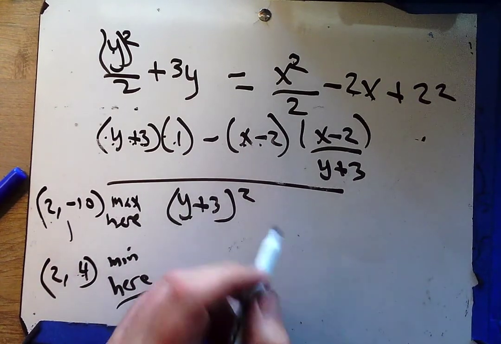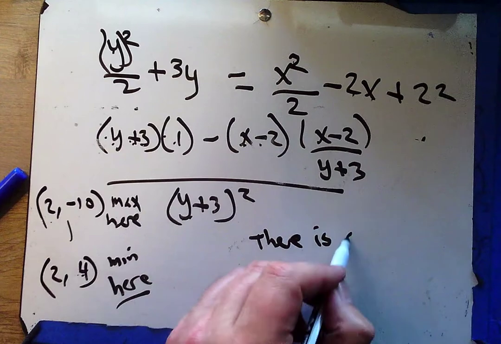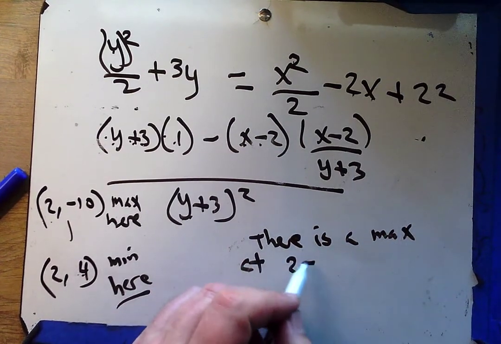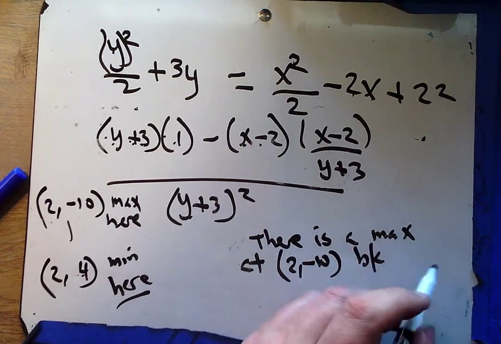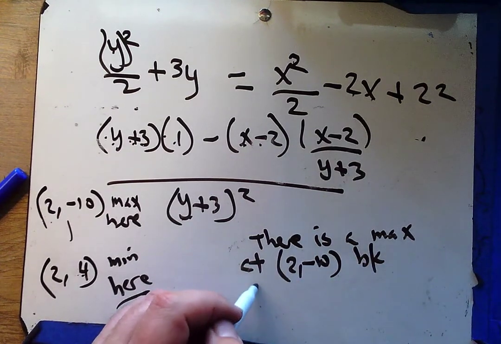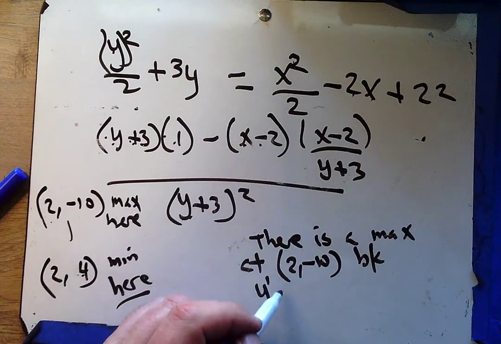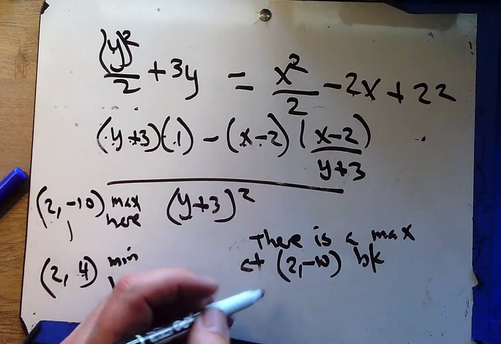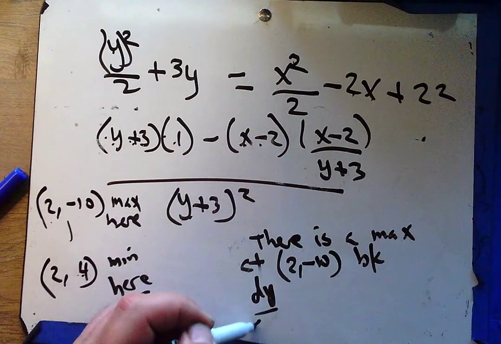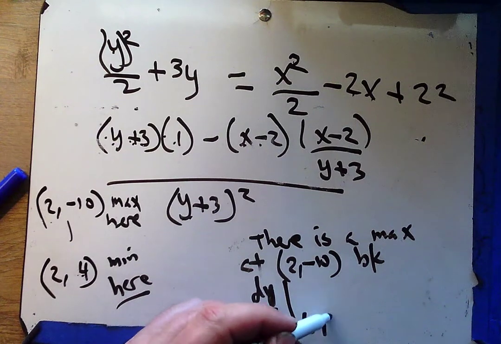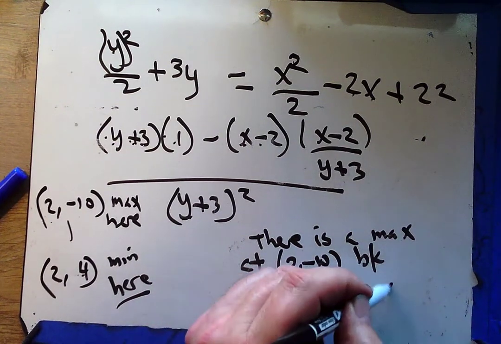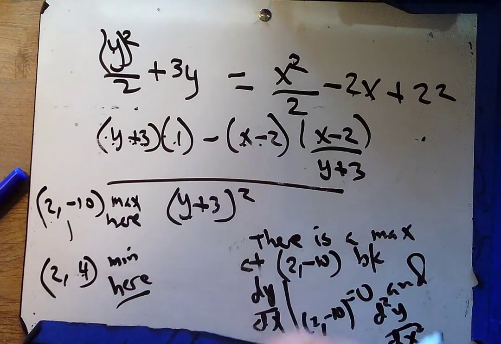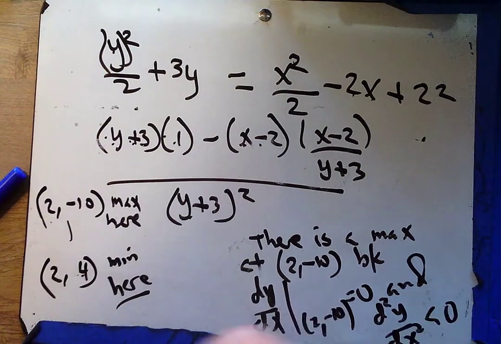Justification sentence. There is a max at (2, negative 10) because, well, I want to say because dy/dx at (2, negative 10) equals 0, and the second derivative is less than 0.